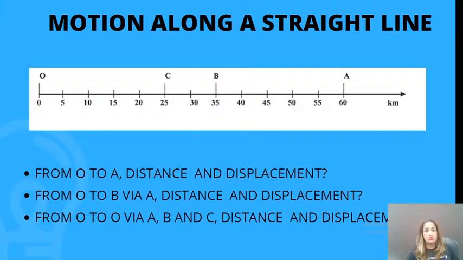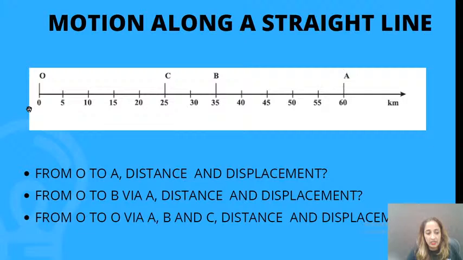So motion along a straight line is the very basic term that we'll be using and understanding here, right? First of all, what is motion, and then we'll discuss motion along a straight line. That means some object started from point O. So what is point O? Point of origin.